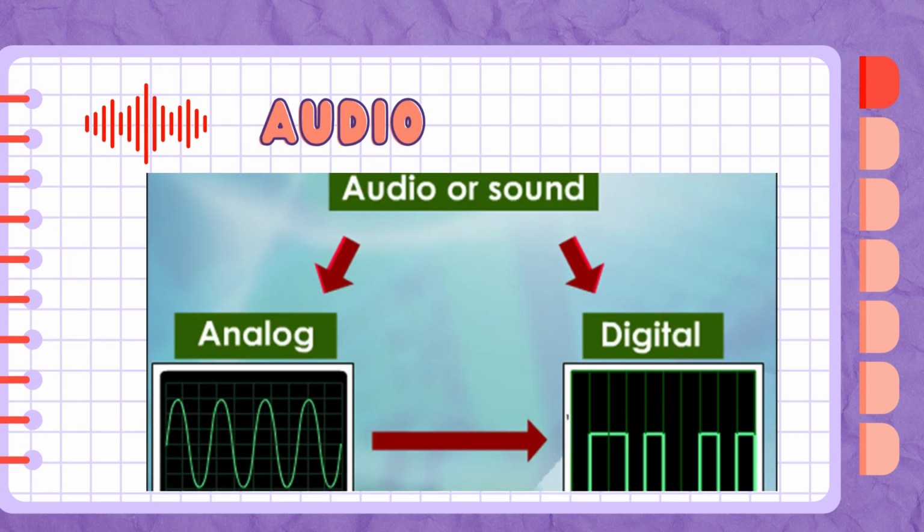These are examples of audio or sound. Analog refers to the original sound signal, and digital audio refers to the digital sampling of the actual sounds. The sounds used in multimedia are digital.